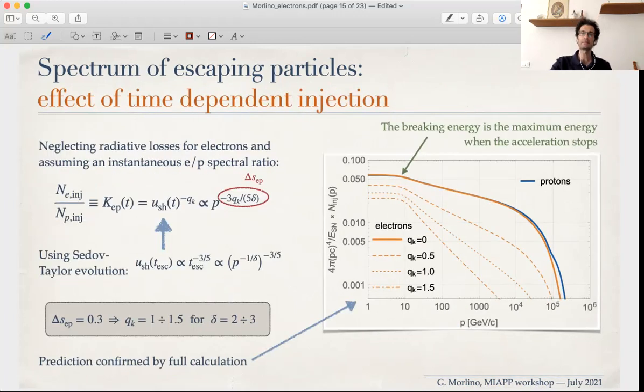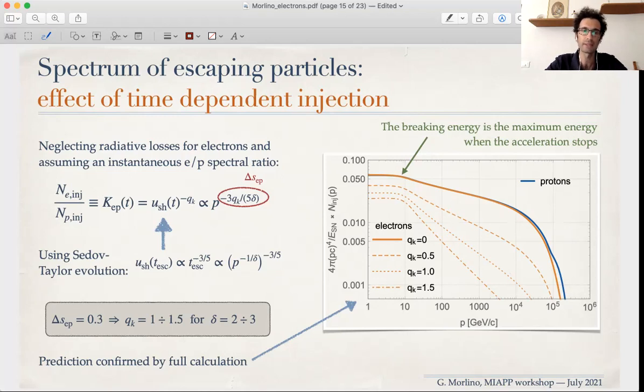Okay, so the last mechanism that we have analyzed is this. Now that we know that the amplification of magnetic field is unable to affect the electron spectrum below something of the order of 1 TeV, let's assume that there is another mechanism, namely the possibility that electrons are injected inside the diffusive shock acceleration in a different way with respect to protons.